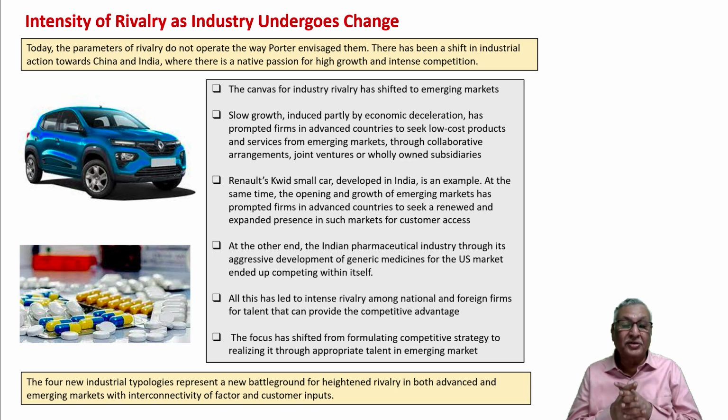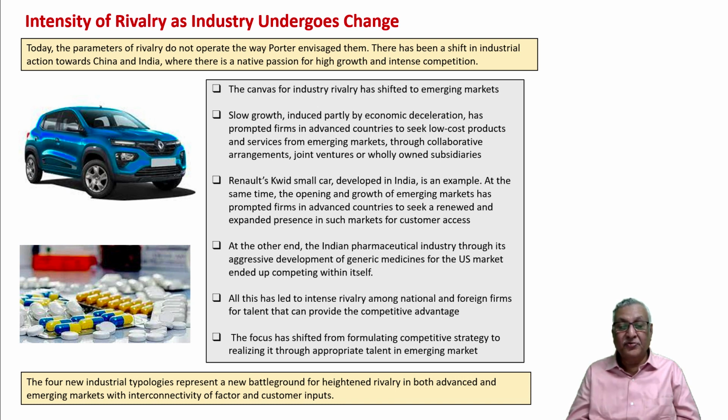So as every country tried to enter the generics market of the US, the participants fought amongst themselves and lowered the industry attractiveness. So the intensity of rivalry among national and foreign firms for talent has also increased. That also leads to the intensity of rivalry undergoing an exponential change.